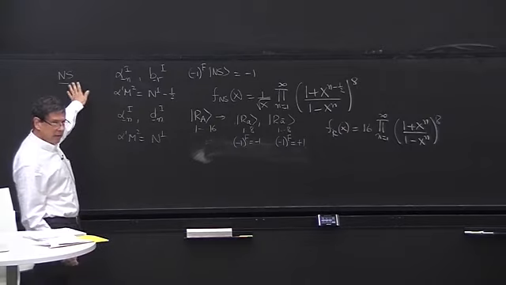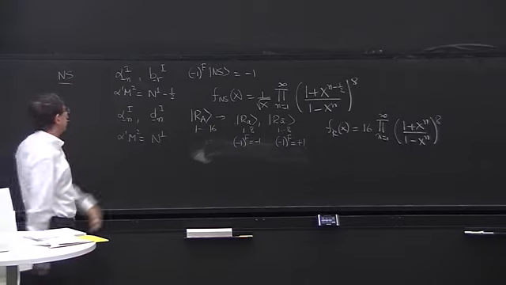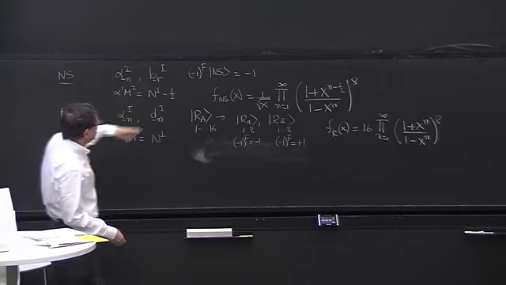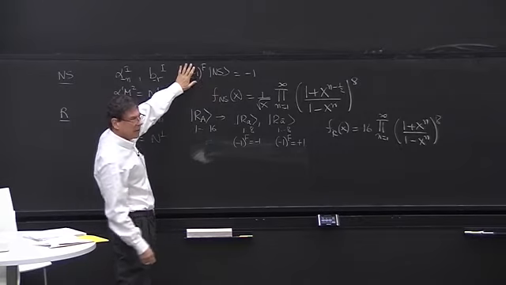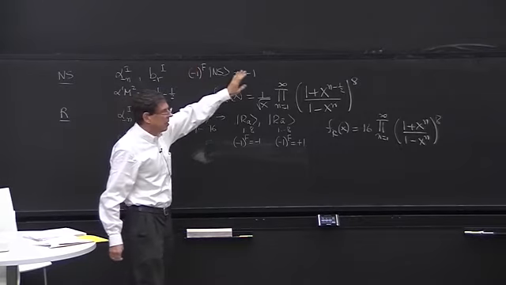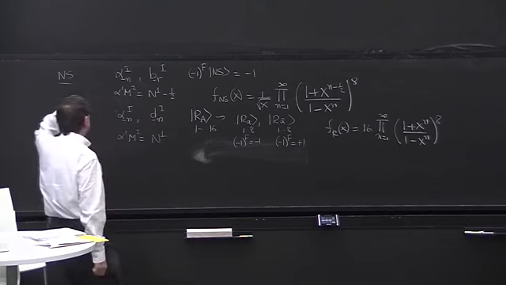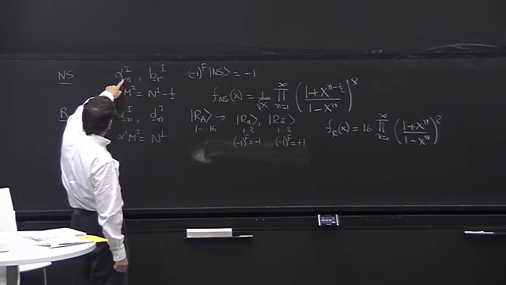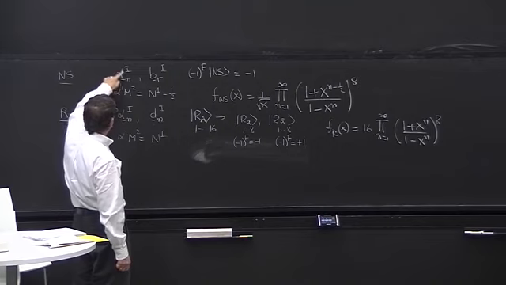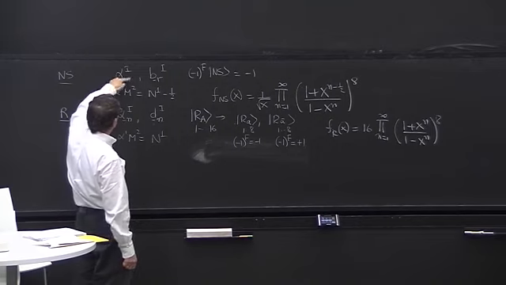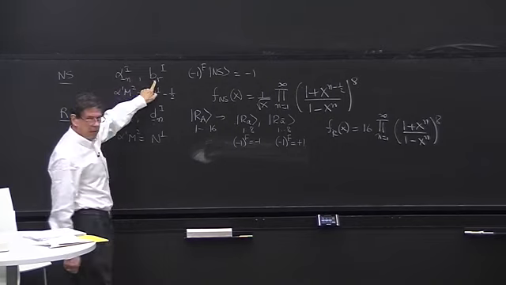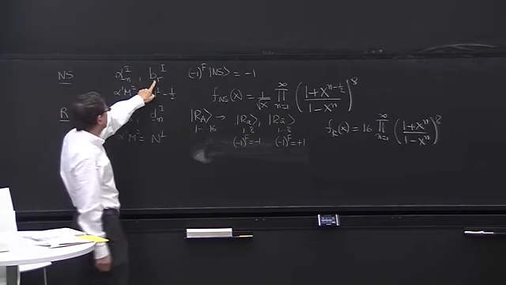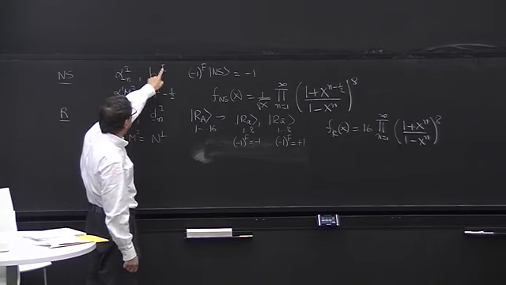We have a Neveu-Schwarz sector for an open string in which you build things acting on a vacuum that is declared to have a Fermi number -1. It's conventional. And then you build states acting with alpha minus n's, the X oscillators, and the Neveu-Schwarz oscillators, the fractional b's.